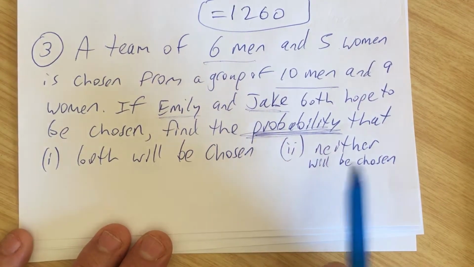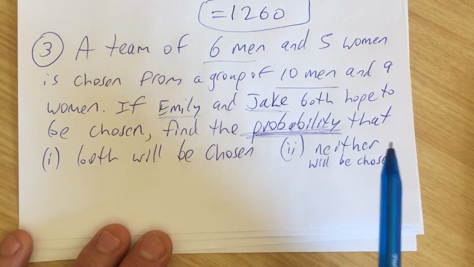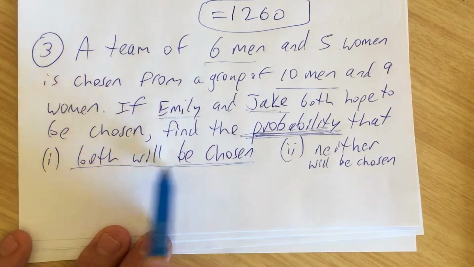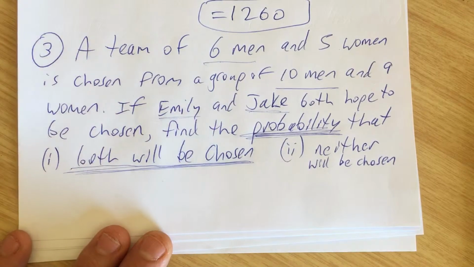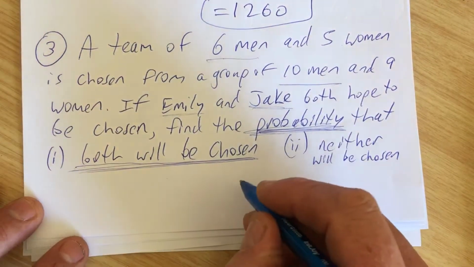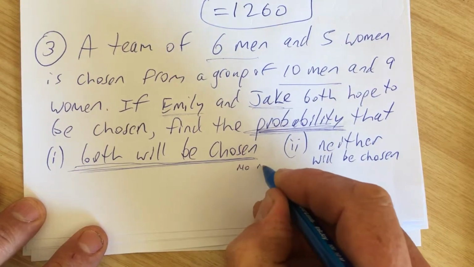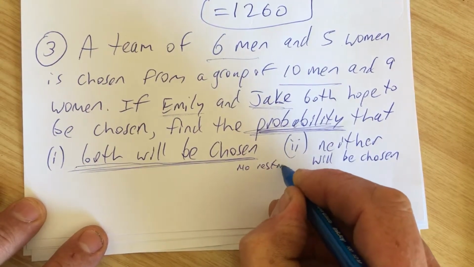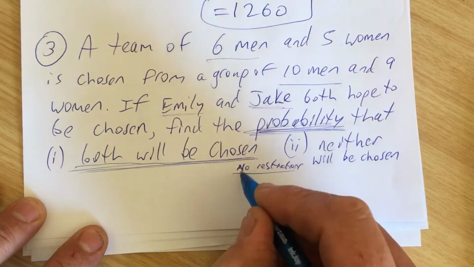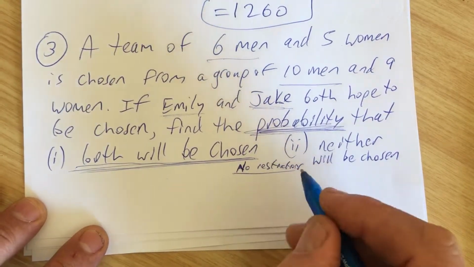The key to doing these questions is to take them out or put them in at the start. Both will be chosen. Let's put them in. Put them both in the committee. But before we even do that, let's do no restrictions first, just like the first question. If there's no restrictions, this goes in the bottom of the fraction.